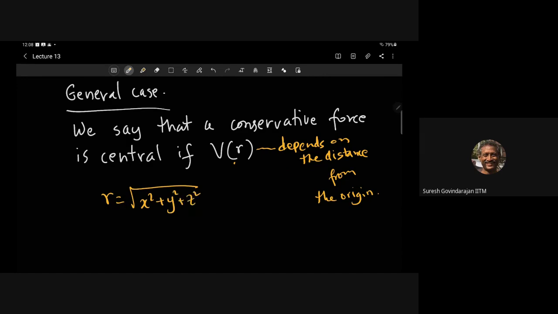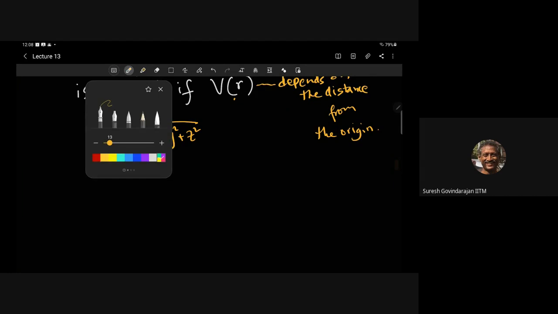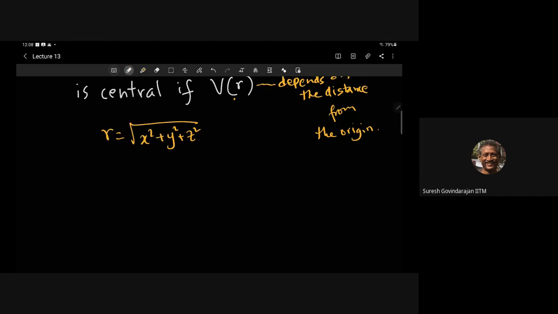Okay, so here in this example, the origin is a special point.